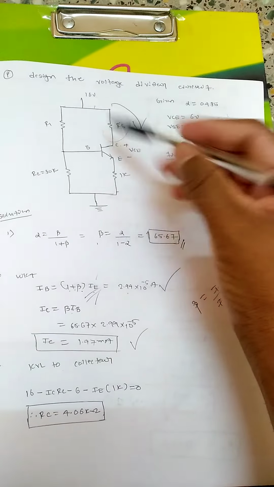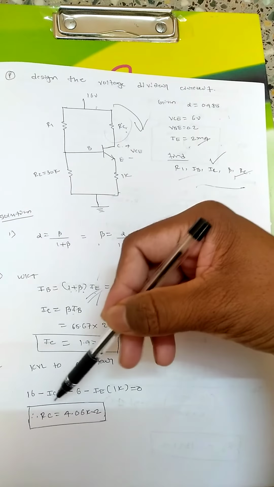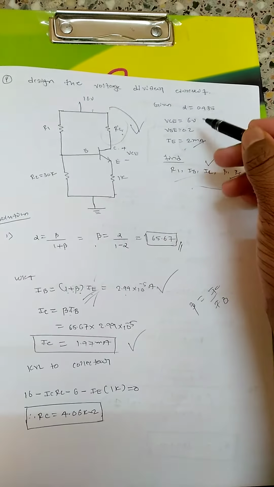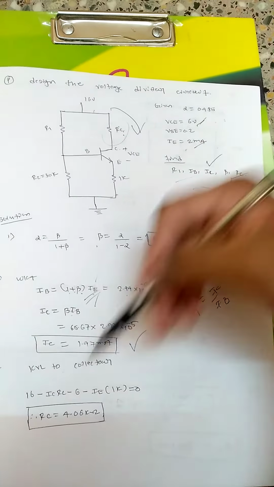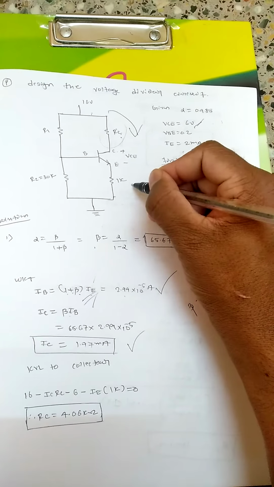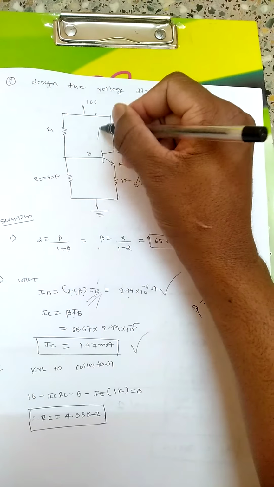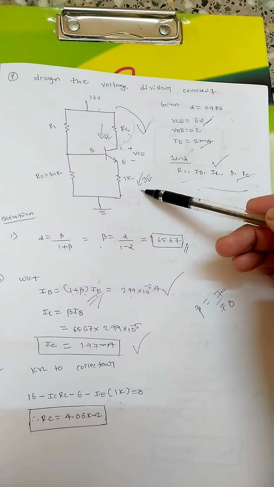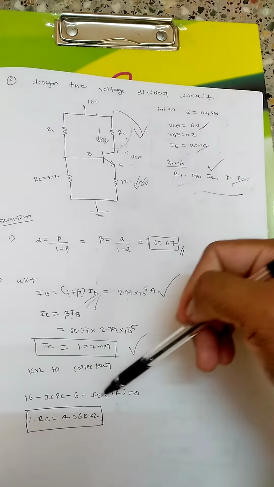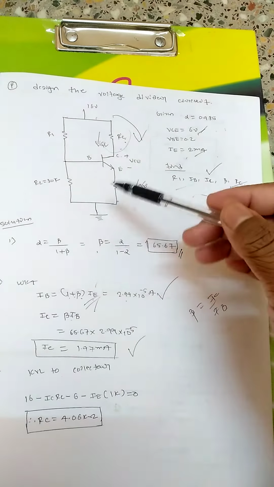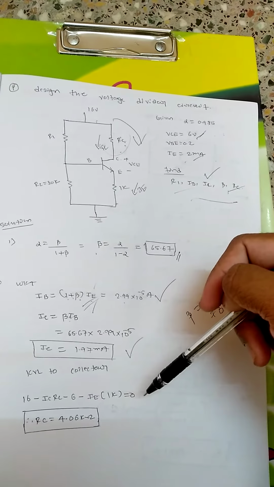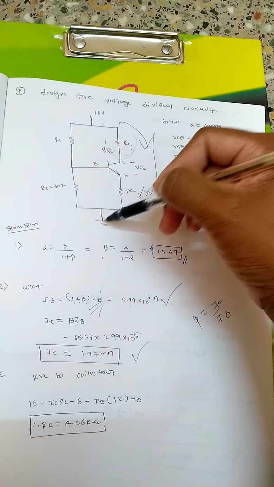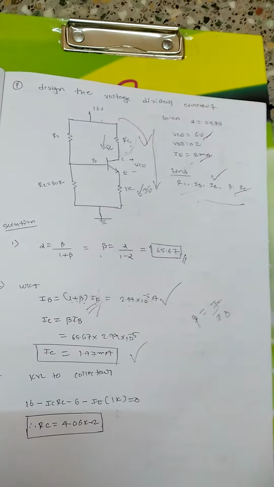What I have done: 16, the current flowing through RC is IC, so IC into RC, and the voltage VCE is given as 6 volt, so minus 6 volt. The current flowing here will be equal to IE, because this is the emitter terminal, and the current through RC is IC, because this is the collector terminal. So current is IE and resistance is 1K, and the sum will be equal to 0. This means I have applied KVL from this point to this point. This is the path which is followed.